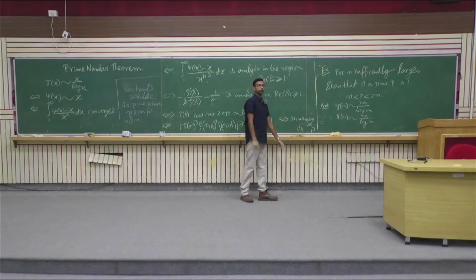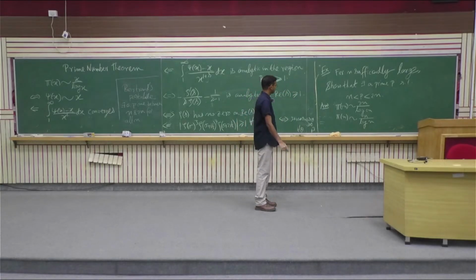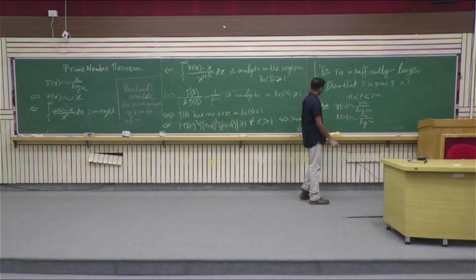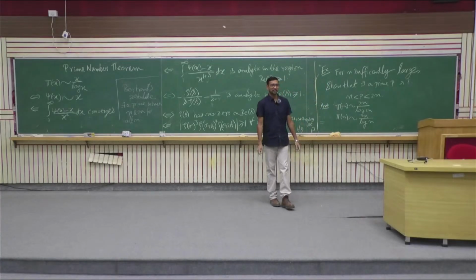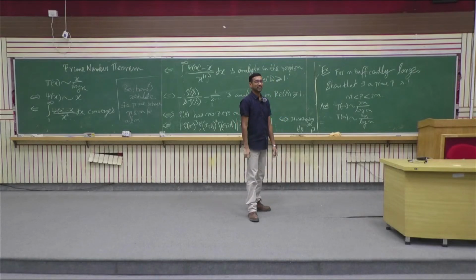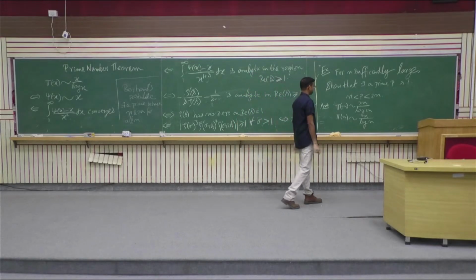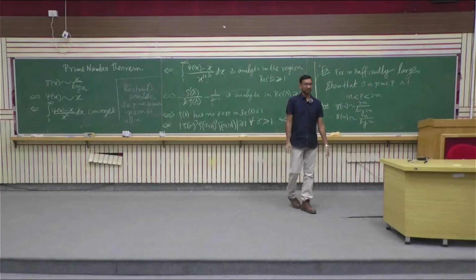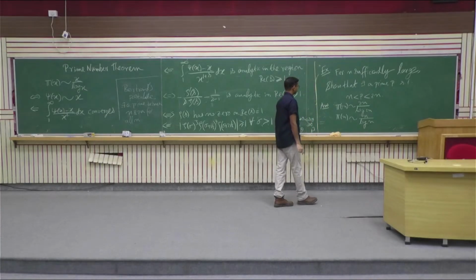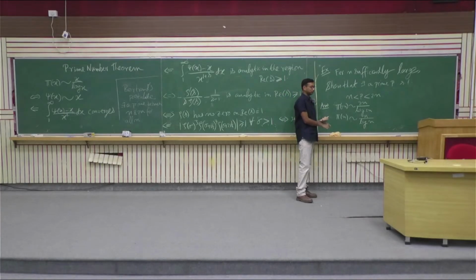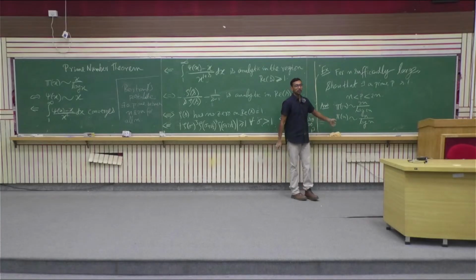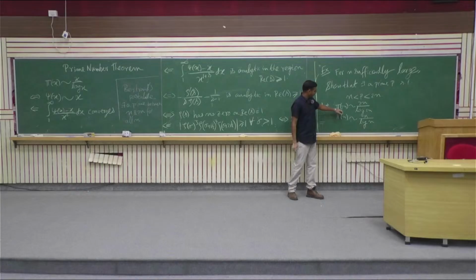And then, a positive lower bound. Okay, but how to show that from there? The prime number theorem, of course, implies that this is asymptotic to this, and this is asymptotic to this, and then what?